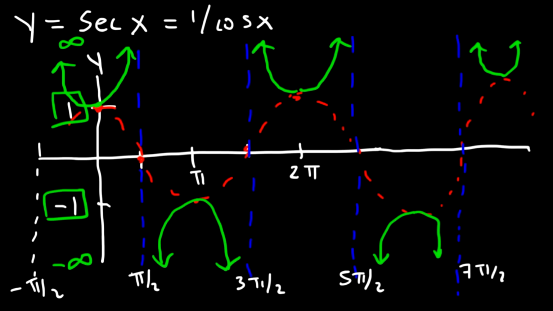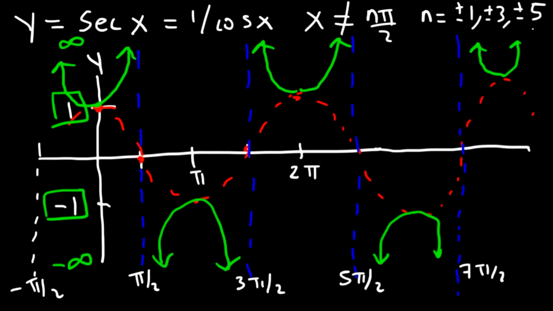So it's going to be negative 1 pi over 2, negative 3 pi over 2, and so forth. So we can say x will not equal n pi over 2 and define what n is, where n is an odd number, such as plus or minus 1, plus or minus 3, plus or minus 5, and so forth.